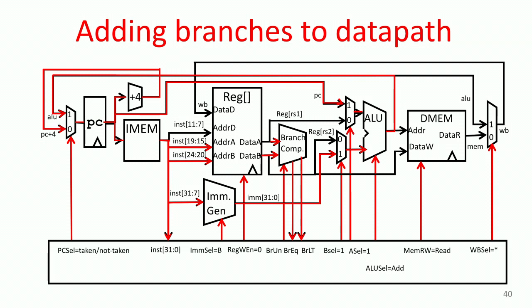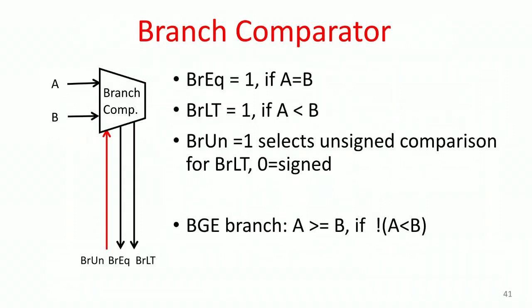Yes, here it is. So in order to implement all the RISC-V branch instructions, we need not just equal compare. We need equal comparison, which checks if A is equal to B. It can also check if A is less than B, right? And that will come out in this signal.